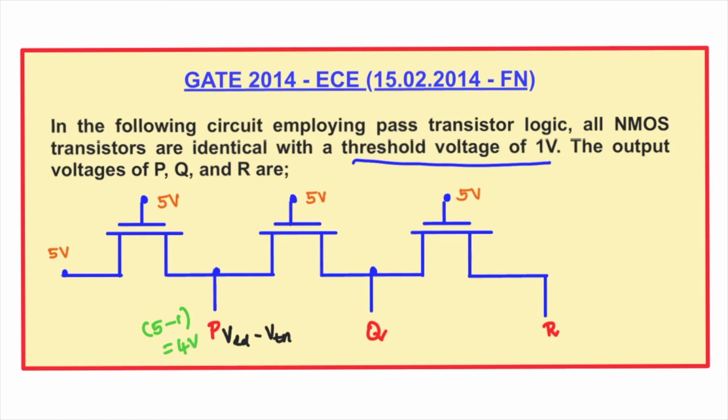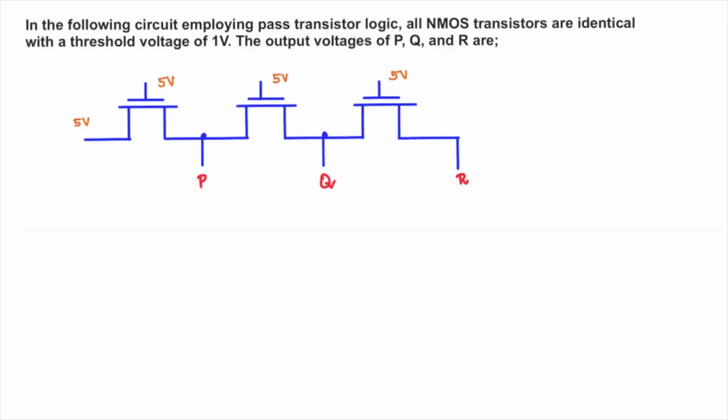And here also it is VDD minus VTN, 4 volts. So obviously the output voltages of P, Q and R are going to be 4 volts, 4 volts, 4 volts. But what we need is the exact explanation of how we achieve these 4, 4 and 4 volts. Now we will look into the solution for this particular GATE question.